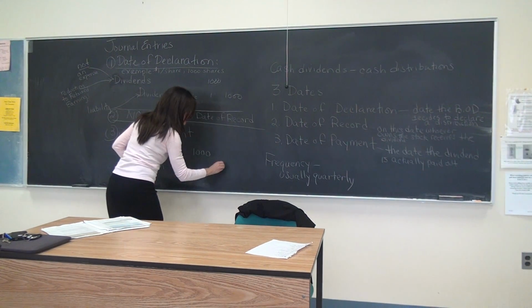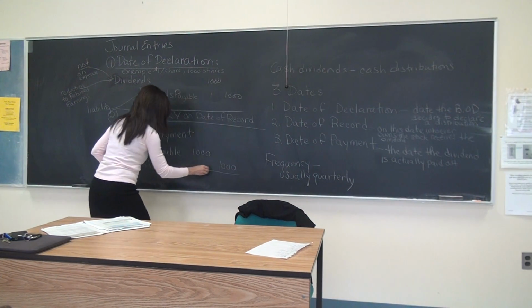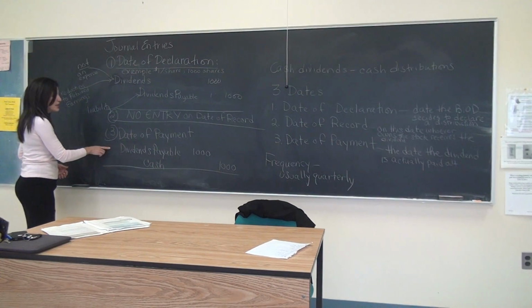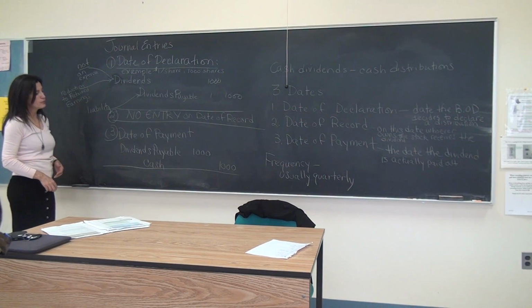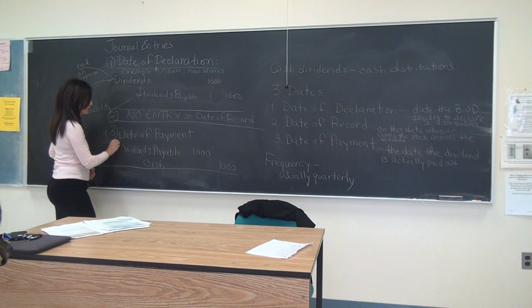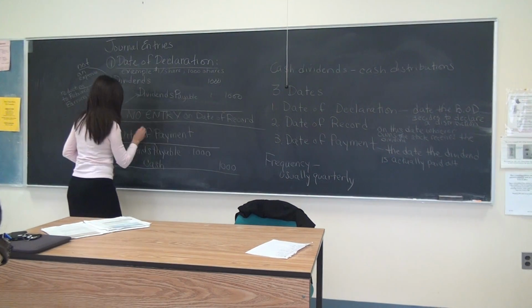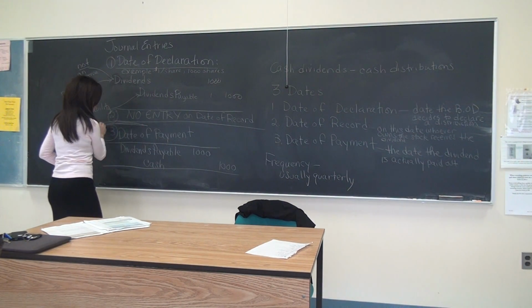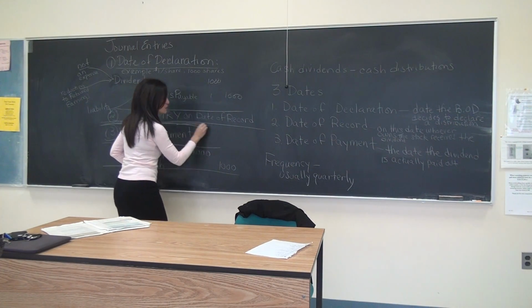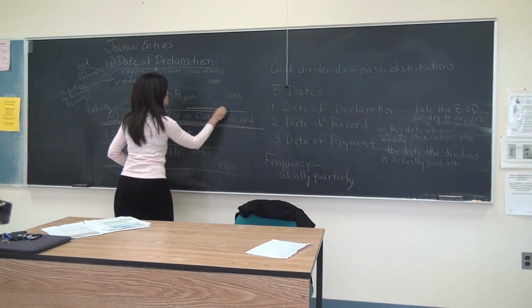Cash is reduced because we're paying it out. This is on the date of payment. Just make sure you can distinguish between those.